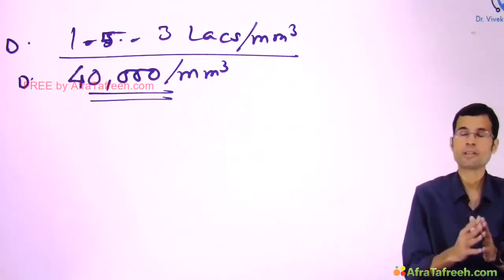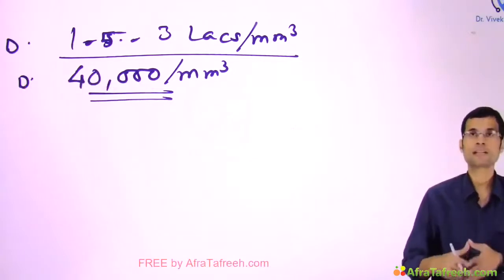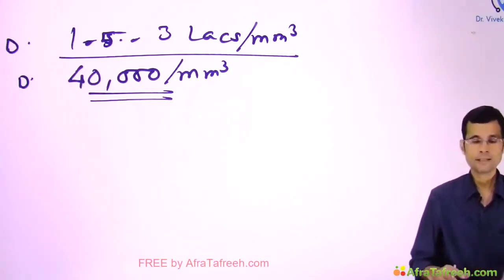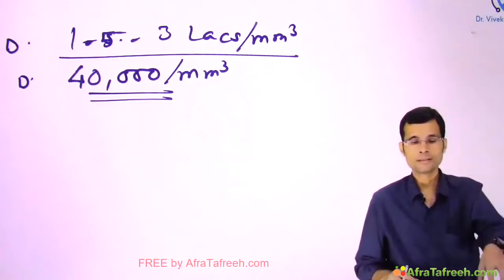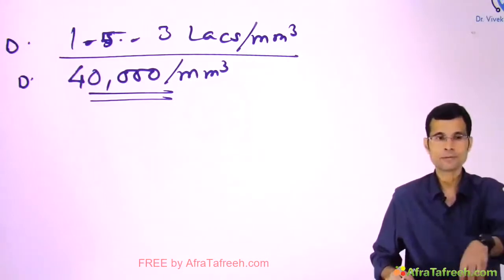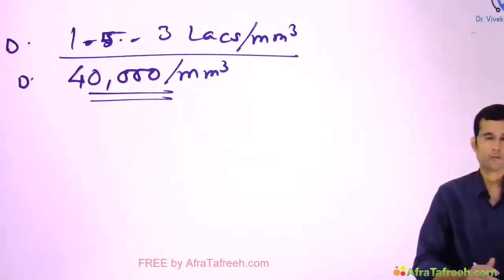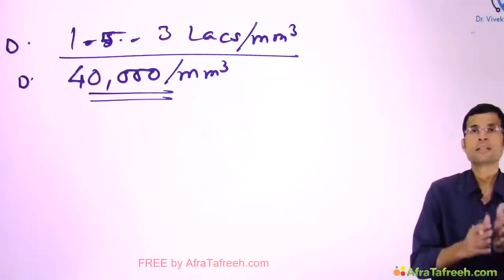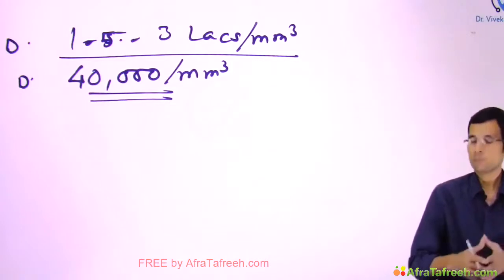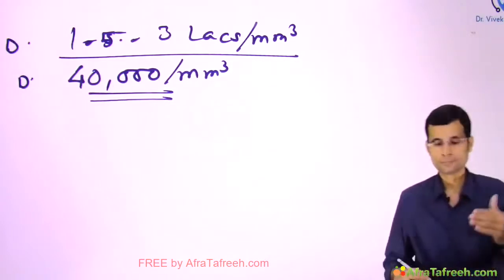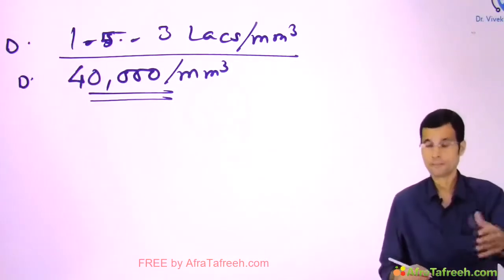So therefore, this count has been called critical platelet count. There is a difference of opinion in this. Some pathologists call it 20,000, some call it 40,000, but universally accepted as 40,000 per cubic millimeter is called critical platelet count. Below this, stoppage of bleeding would be difficult.